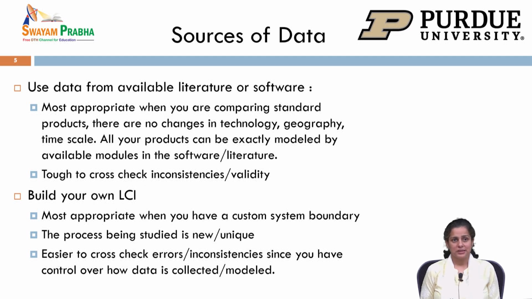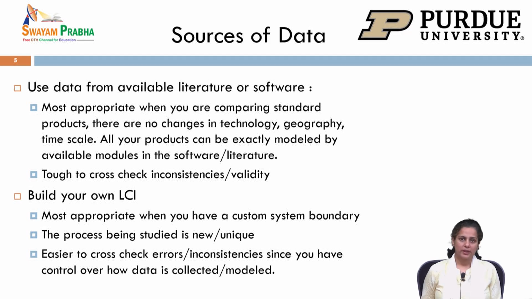In this case, it is easier to cross-check errors and inconsistencies, since you have control over how data is collected or modeled. So, this is mostly a speculative LCA because that process may not exist, or even if it does, it might not be at the scale that you are studying for your decision making. So, there are two ways.